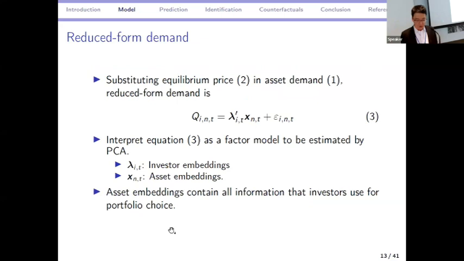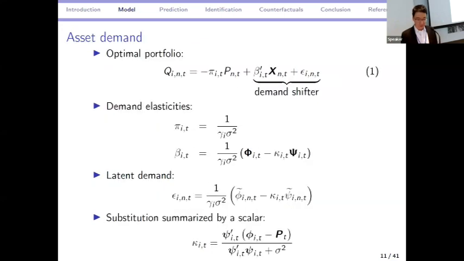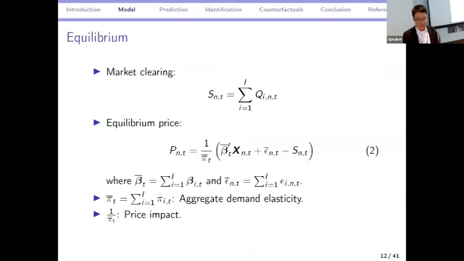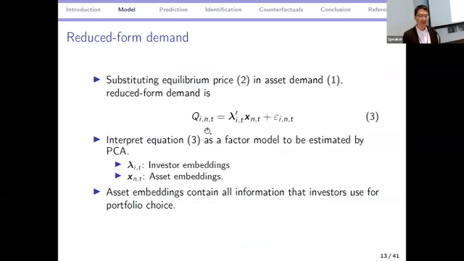Okay, so what do I mean by the reduced form? The reduced form is like I take the demand function here and I substitute out the equilibrium price. And that's exactly equivalent to if you have a 2-stage least squares problem, you can substitute the first stage endogenous price into the second stage and derive the reduced form. So the reduced form now doesn't depend on the price because you substituted it out.